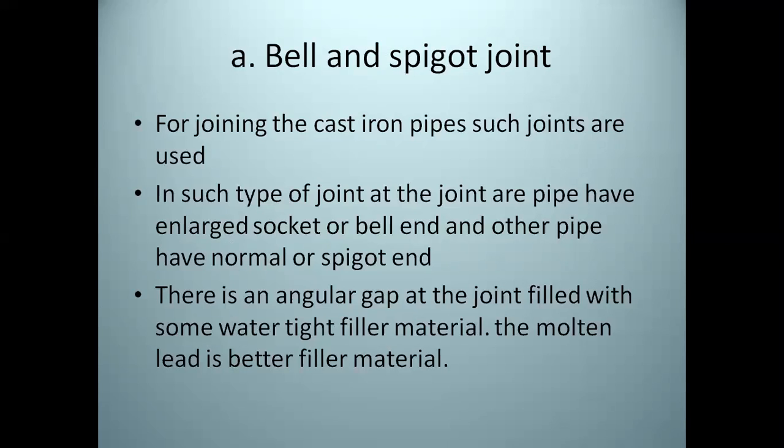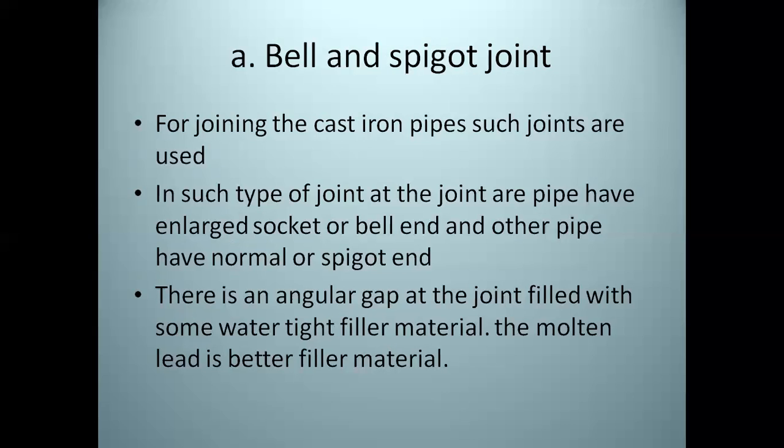That is, when we join two pipes, the first pipe has the enlarged socket or bell shape end, and the second pipe has the normal end or the spigot end.